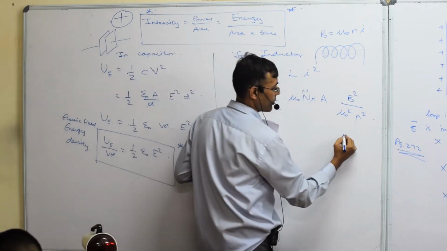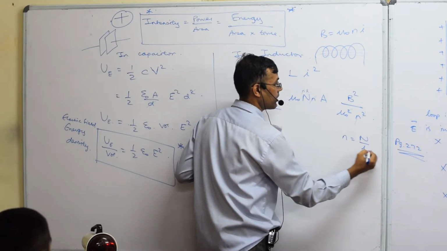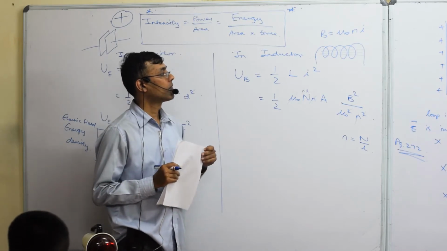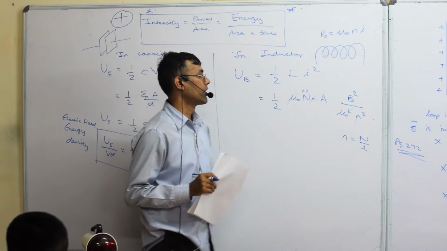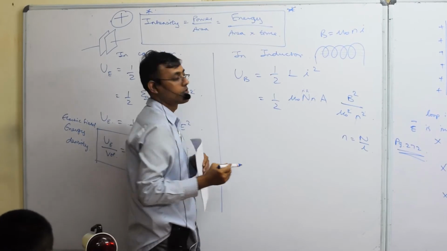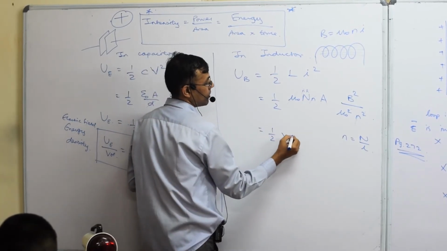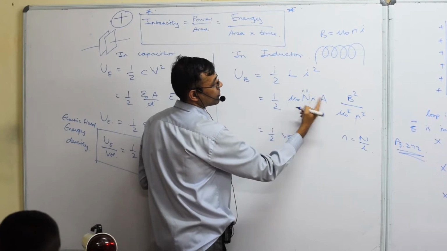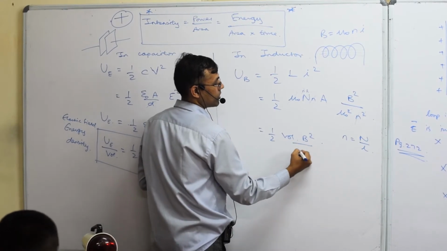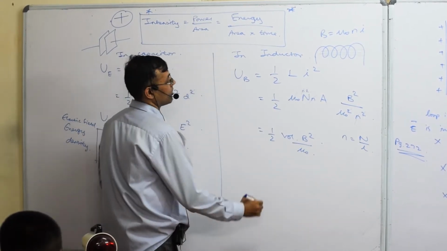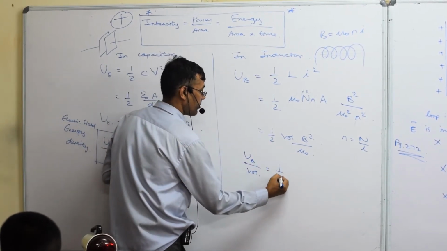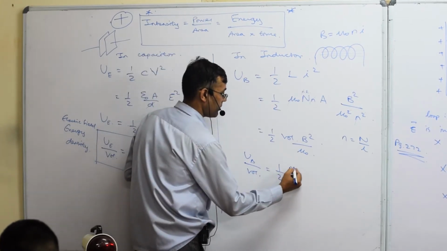I'm sure you remember this: n is equal to capital N divided by l, so capital N is small n into l. Number of turns per unit length is your small n. Again, what is area into length? Volume of the solenoid, so I can say 1 by 2 volume. This into this becomes volume, and this becomes B squared. So if I bring the UB on this side, UB by volume is equal to 1 by 2 B squared by mu naught.